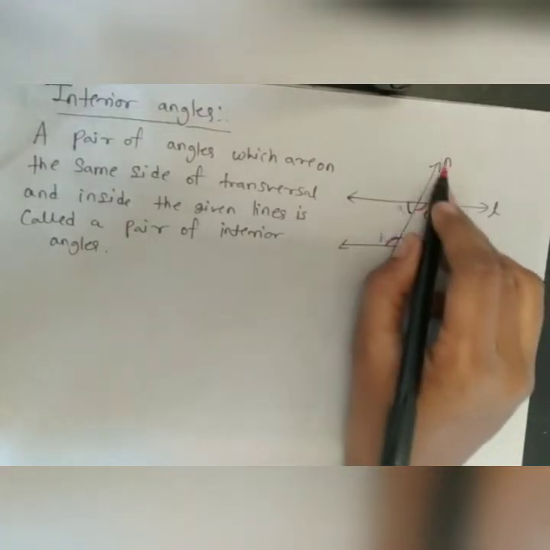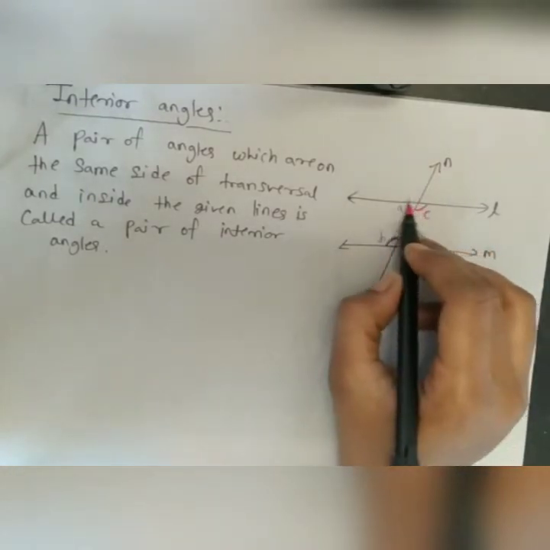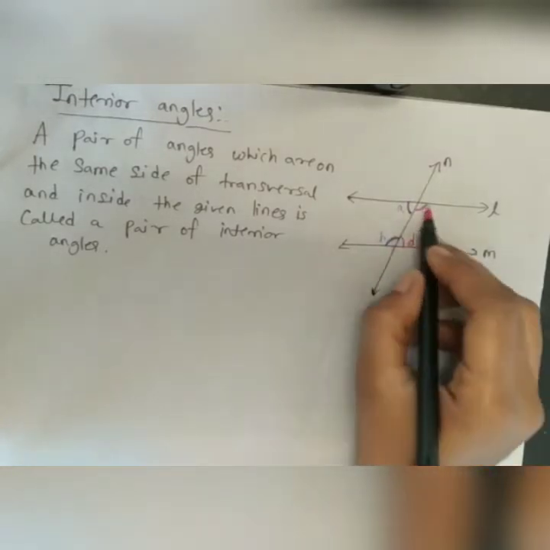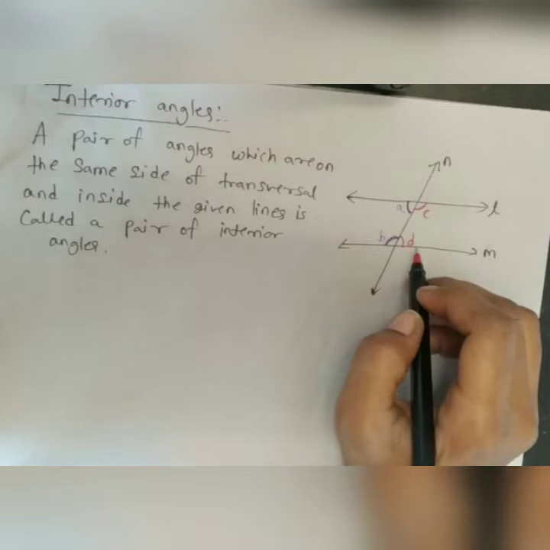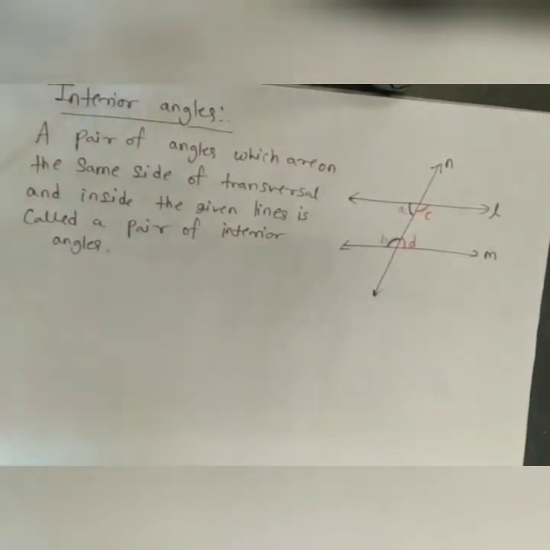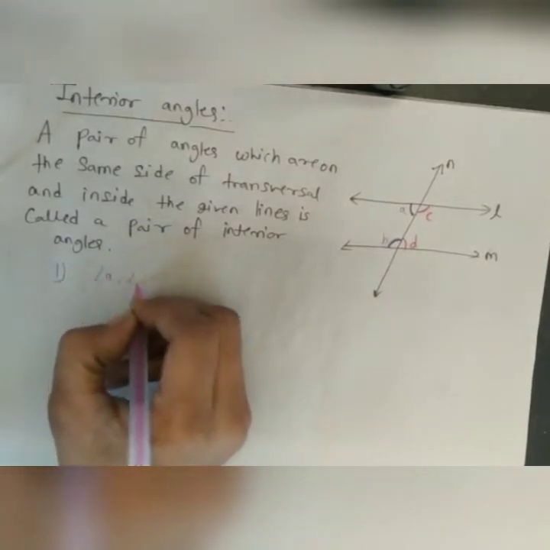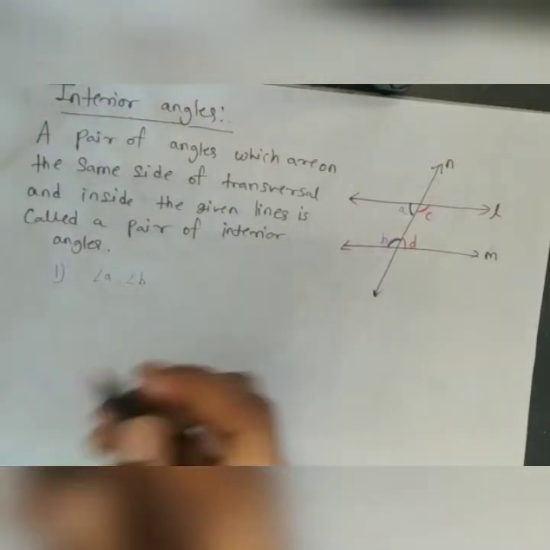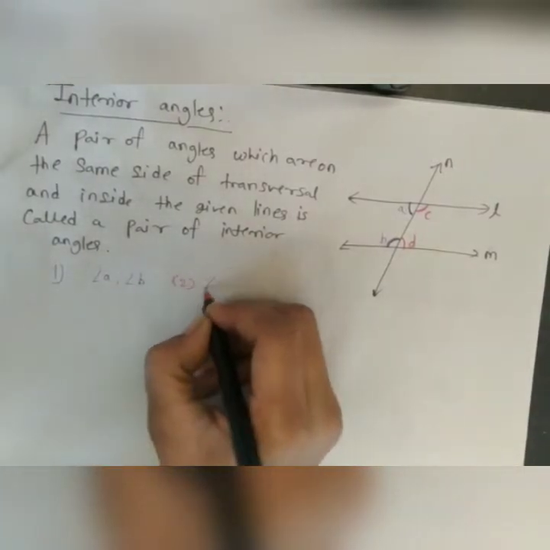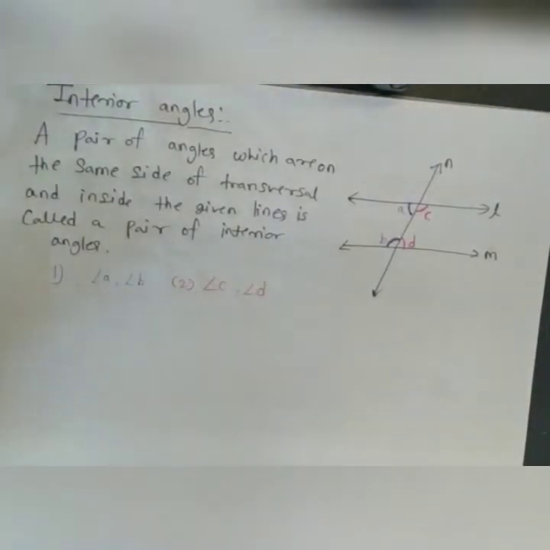And outside the lines, we have exterior angles, and inside the lines, we have interior angles. Now, write down the first pair of interior angles, angle A with angle B, and the second pair is angle C and angle D.